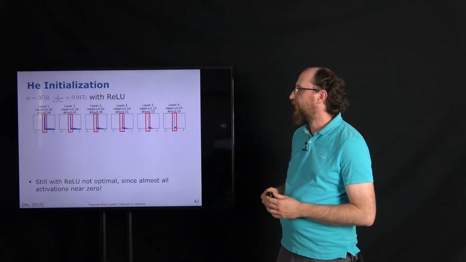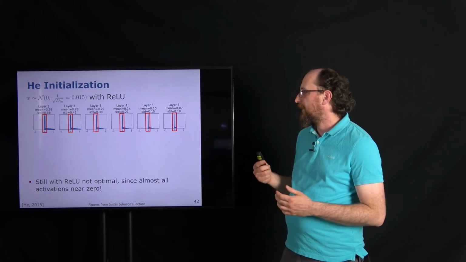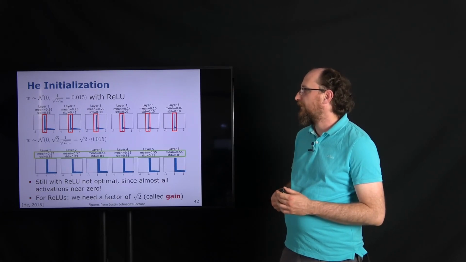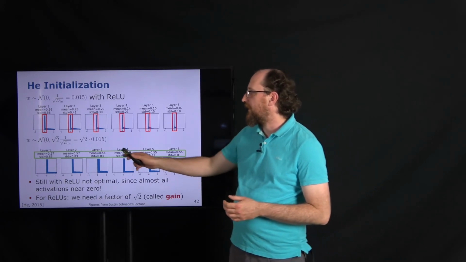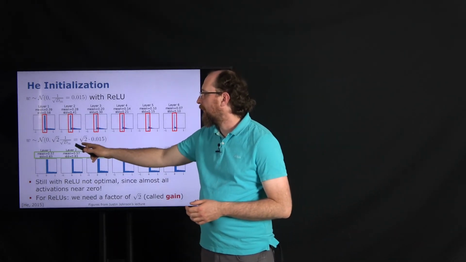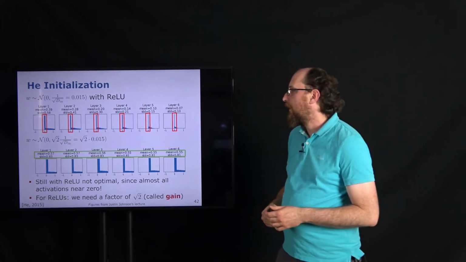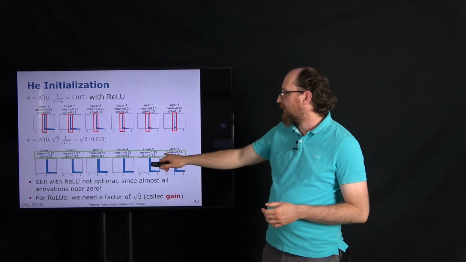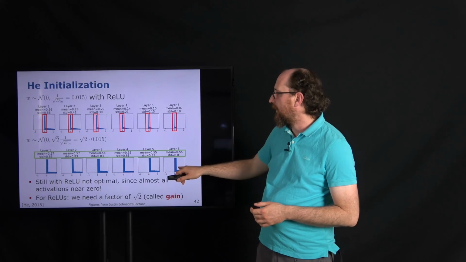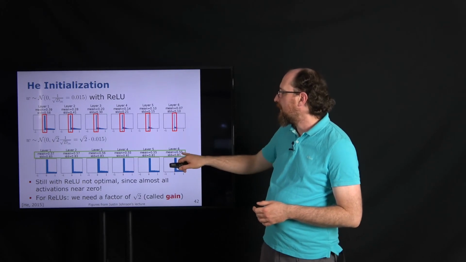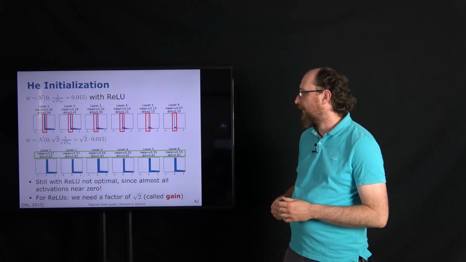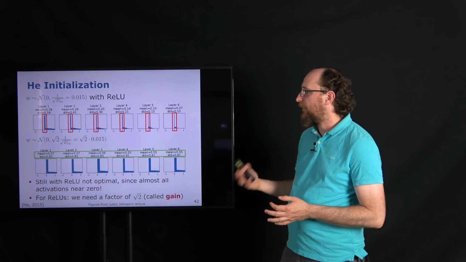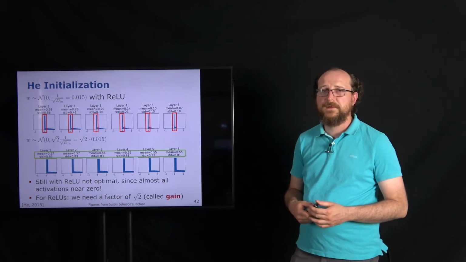A better choice is to scale the variance by a gain factor. In this case, it's the square root of 2. With this, we are getting activations such that the mean is around 0.5 and the standard deviation is around 0.0881. And this is also implemented in PyTorch.